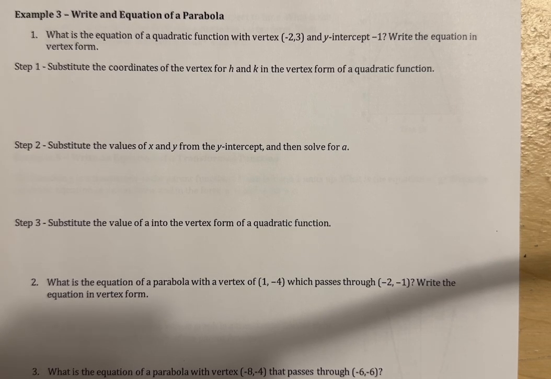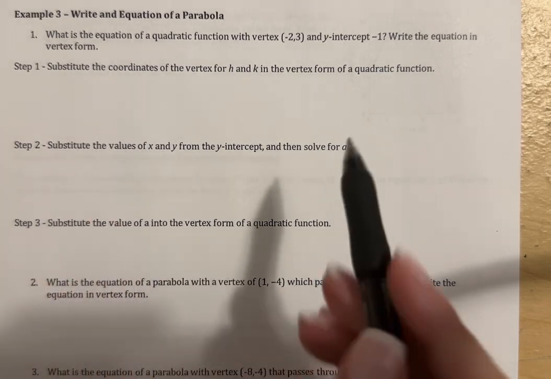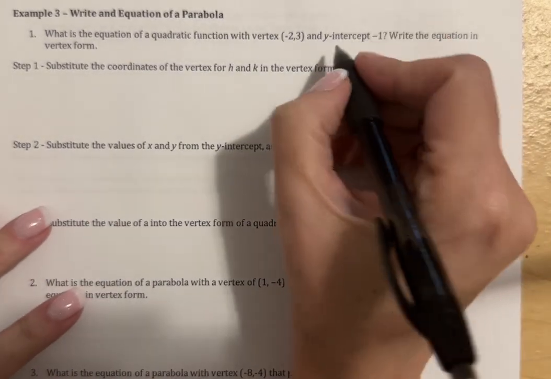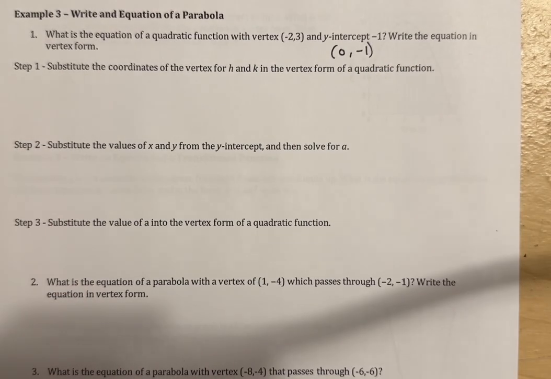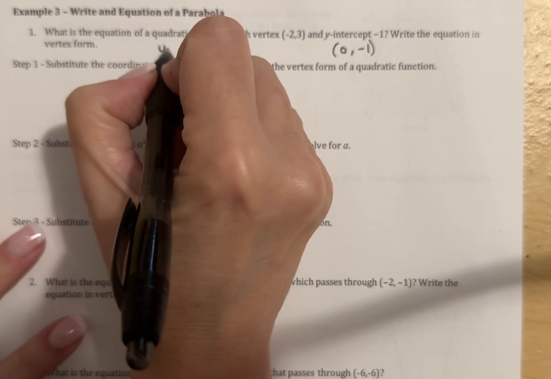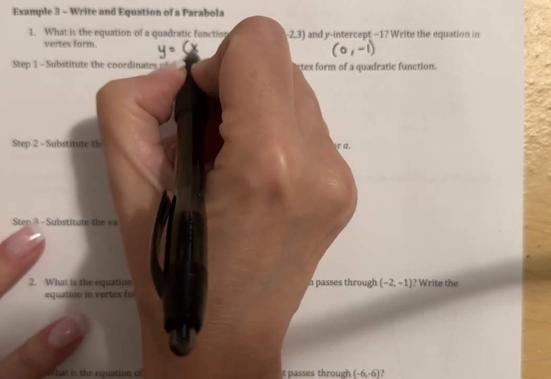So now we're going to take the information we have and we're going to write an equation. Just to point out to you real quickly, the y-intercept is written as 0, -1 as a coordinate. Now we're going to take our general equation, which is this one from the previous page.